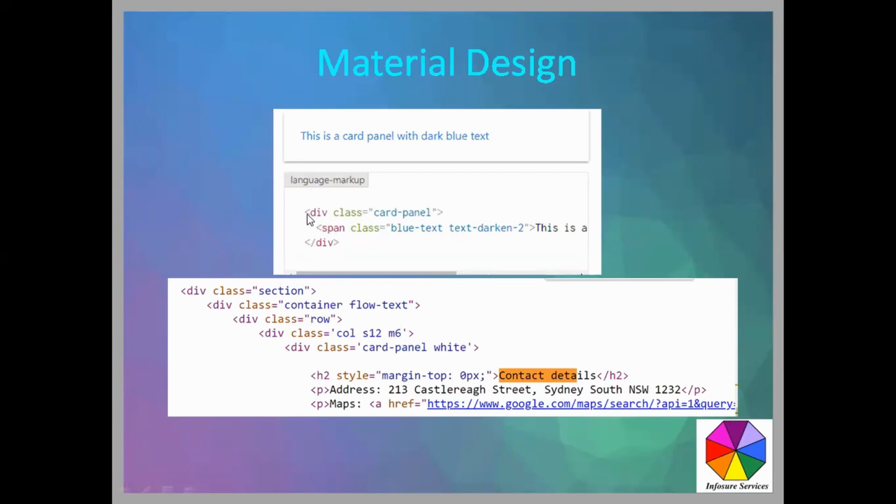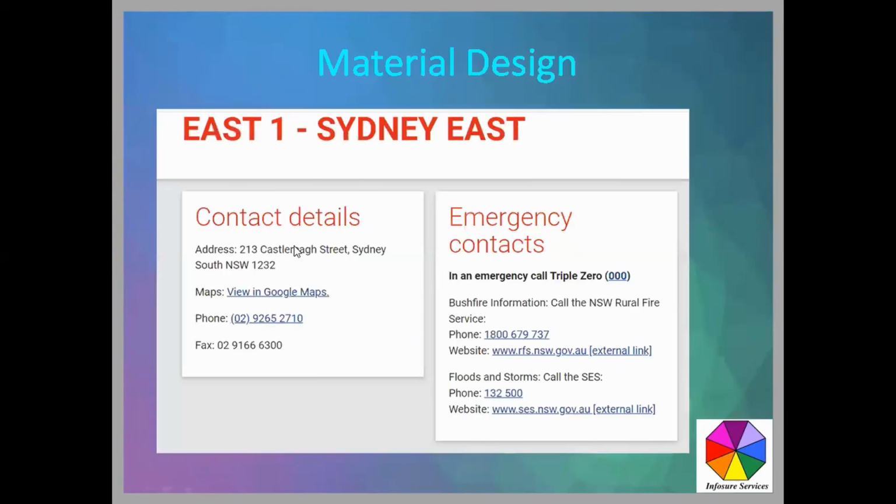When we say div class equal to card-panel, the div tag ends with /div. This is pure HTML, and it knows that it should show this card panel. It's that simple.